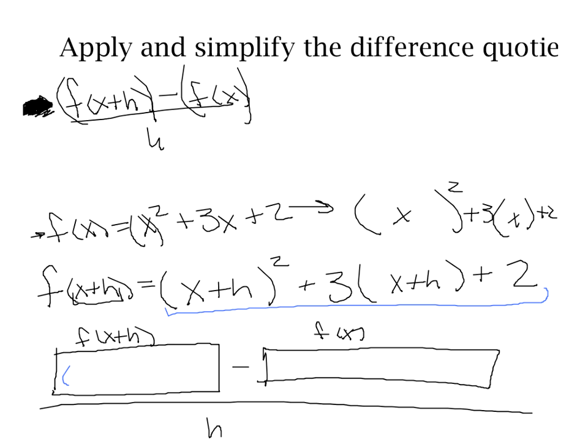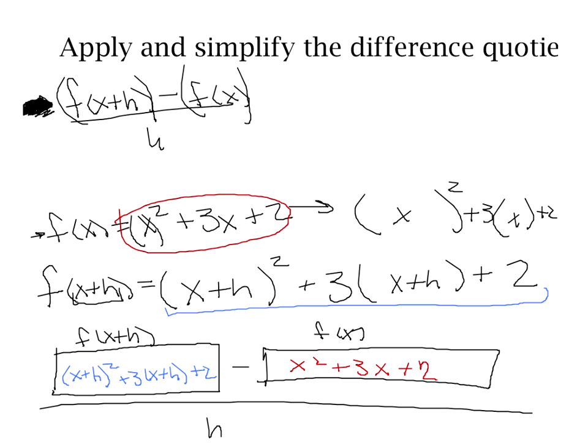Well, this goes in the first container: x plus h squared plus 3 times x plus h plus 2. And what goes into the second container? Well, that is f of x. So x squared plus 3x plus 2. And this box here serves as parentheses.